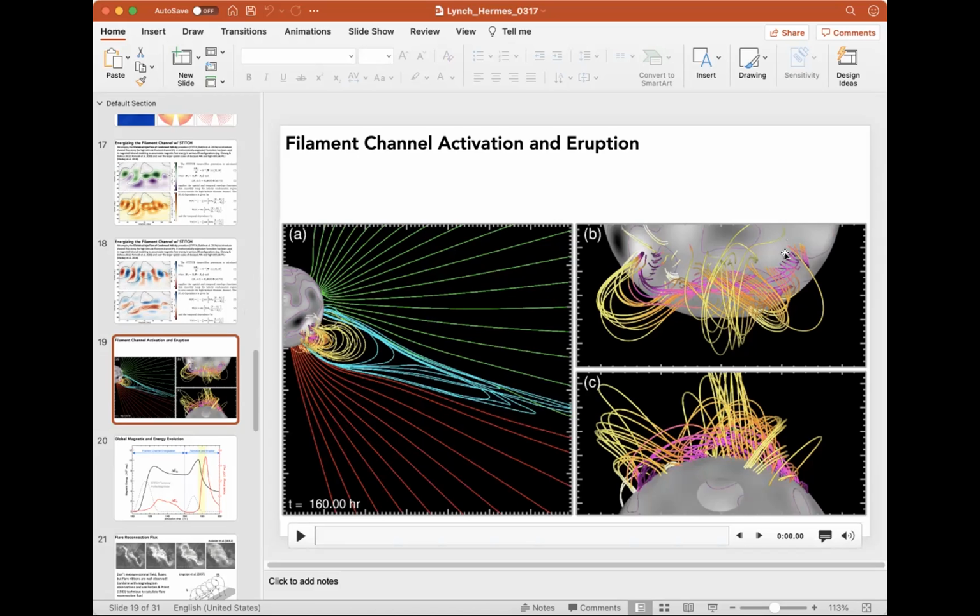The problem is you don't get the eruption part of that. You can get these slow magnetofrictional evolution scenarios where you say, okay, there should be an eruption here because you've got all this stress field, and the magnetofrictional simulation is ejecting it out of the top of the box.